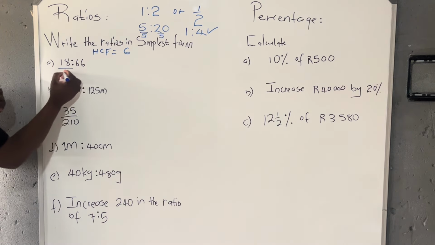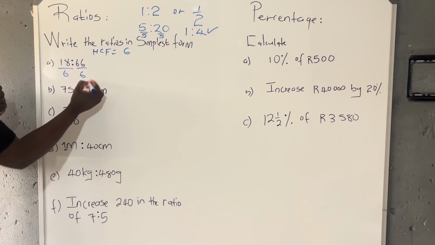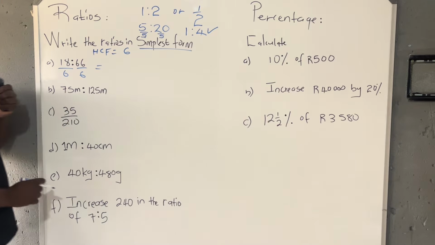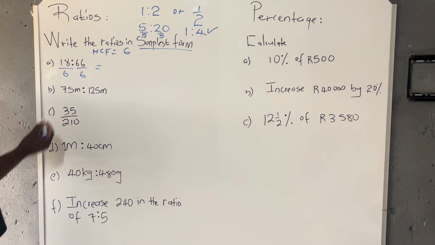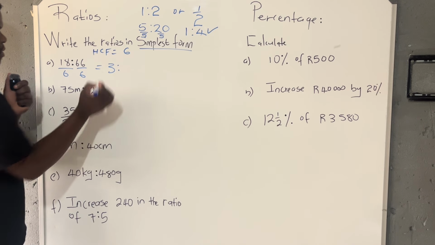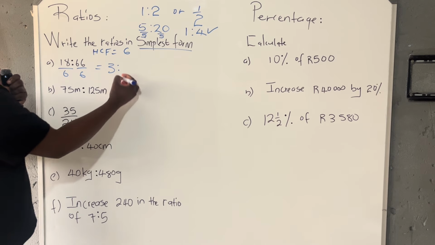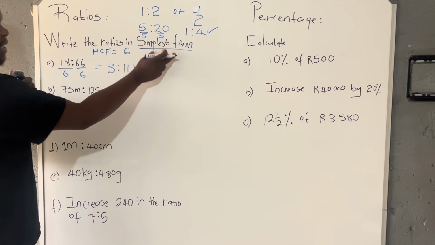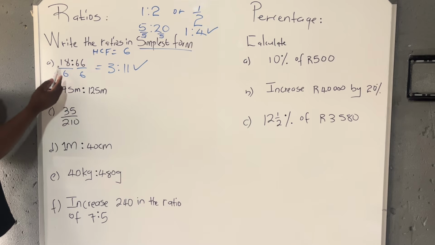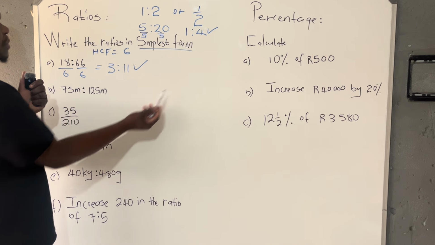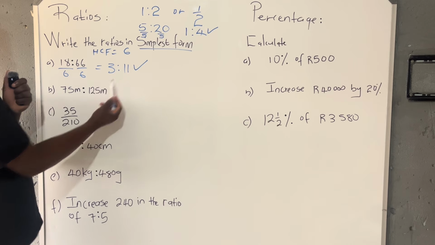So I'm going to use 6 to divide everything. Remember, I'm trying to simplify, make it look simpler. So 6 into 18 goes 3 times. Into 66, that will be 11. This is what they are looking for. We managed to make 18 is to 66 in its simplest form, which became 3 is to 11.